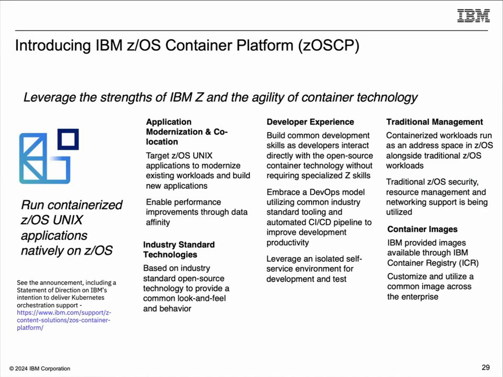We also have a statement of direction to say that, in order to support orchestration of these, we will also be providing Kubernetes management of these containers in a future deliverable.